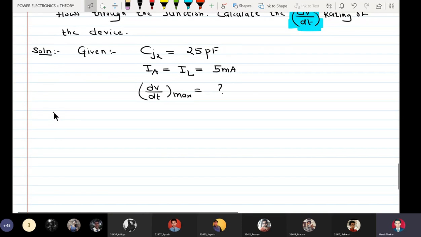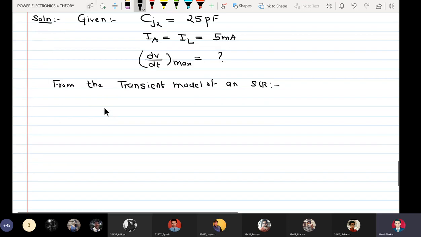So we can write down from the transient model of an SCR, IA is equal to CJ2 into dVAK by dt.